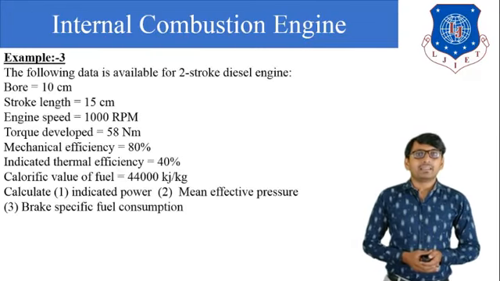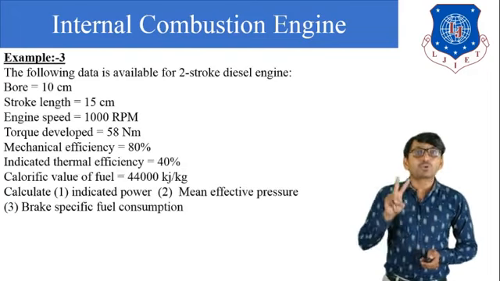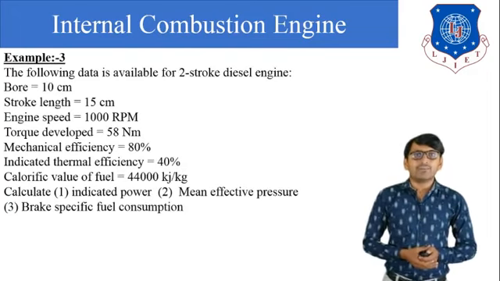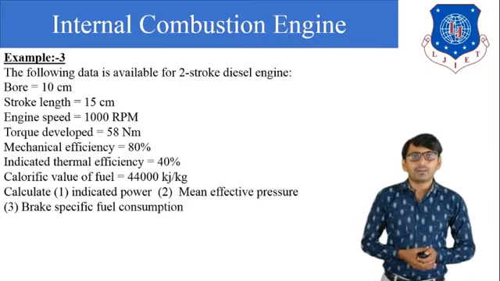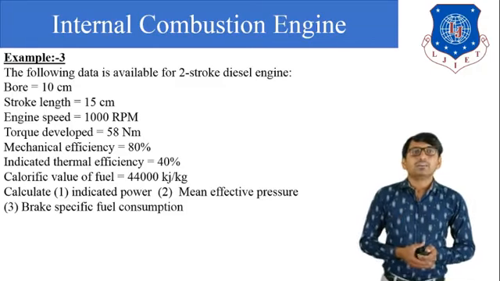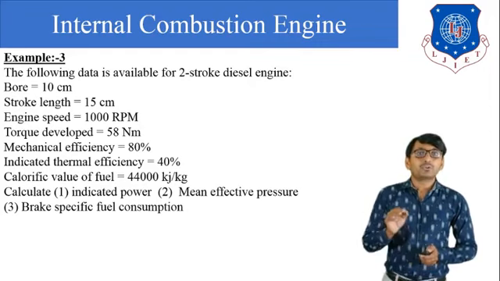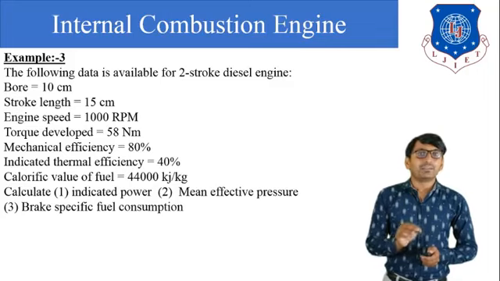Now example number 3, that is example of two-stroke engine. Okay. So the following data is available for two-stroke diesel engine. First, bore, that is cylinder diameter. So bore is equal to 10 centimeter, stroke length that is equal to 15 centimeter, engine speed 1000 rpm, torque developed 58 Newton meter.